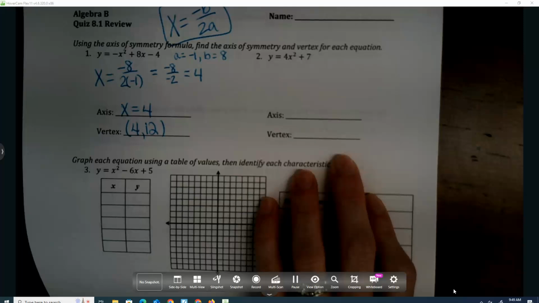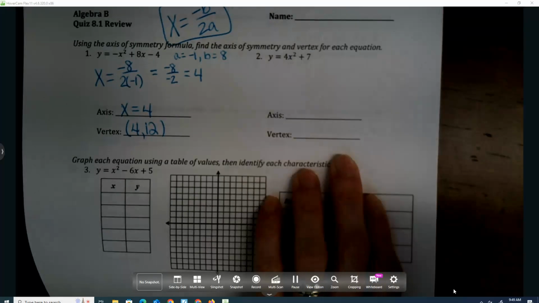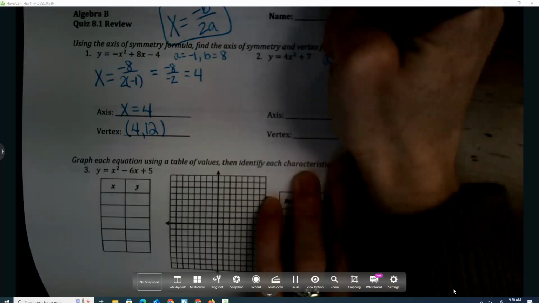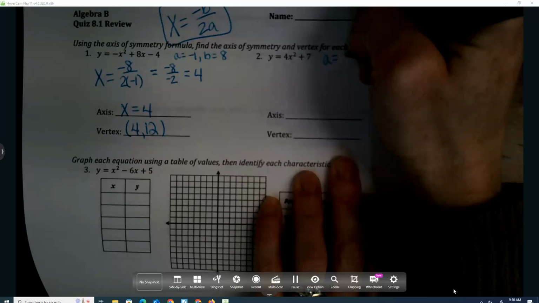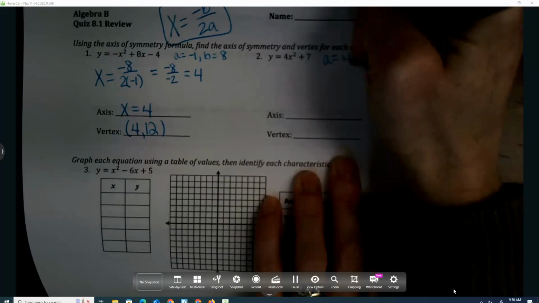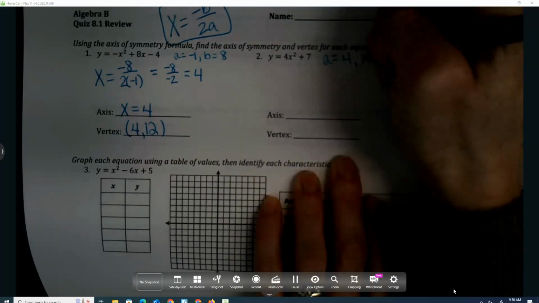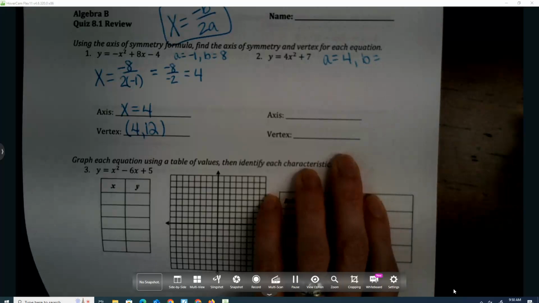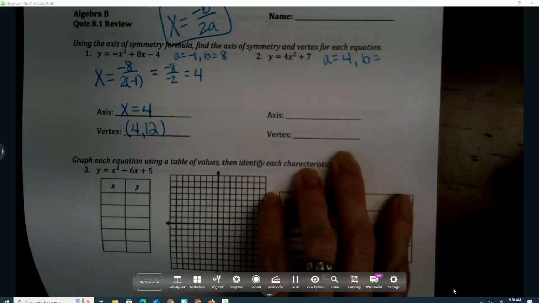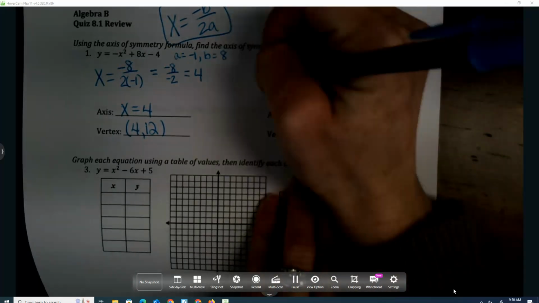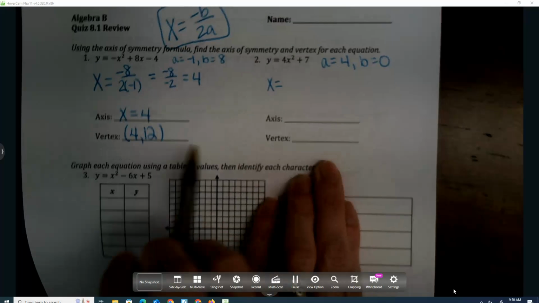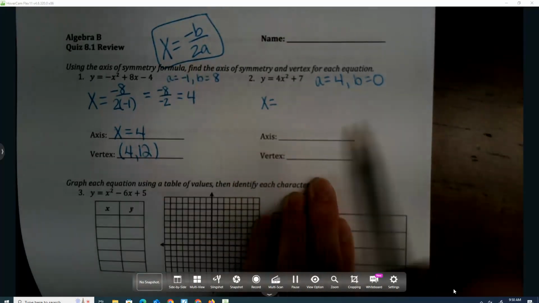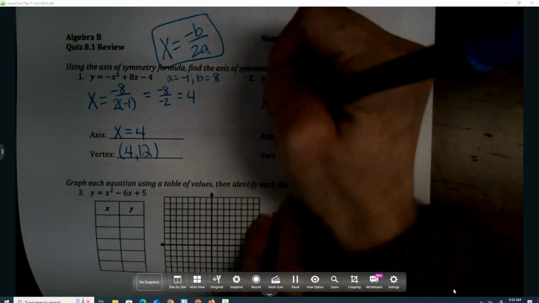So on number 2, what is my a value? 4. a is the number in front of x squared. b is the number in front of x. If there is no x, what is my b? 0. So now we're doing the opposite of b over 2a. The opposite of 0 is 0 over 2 times 4.